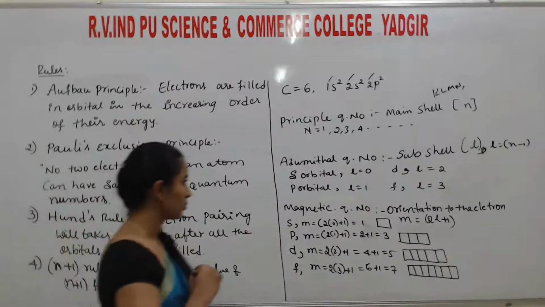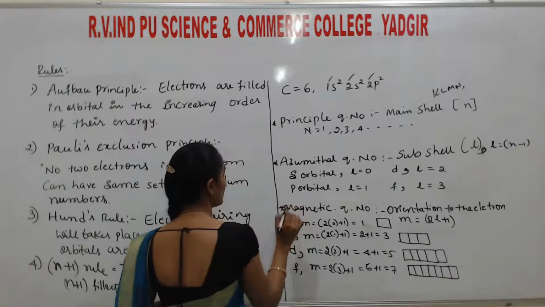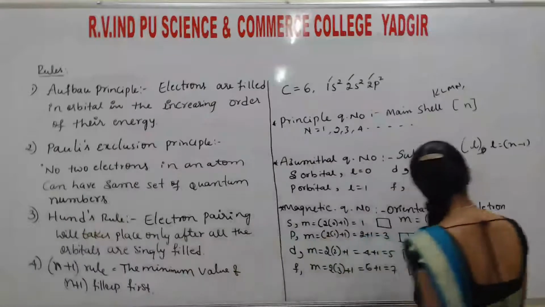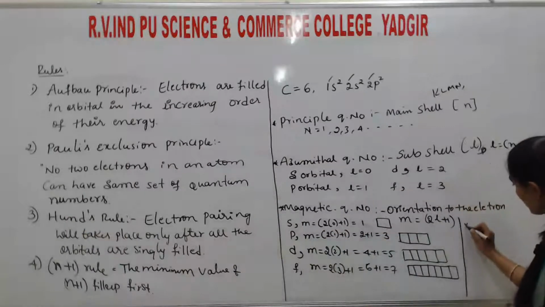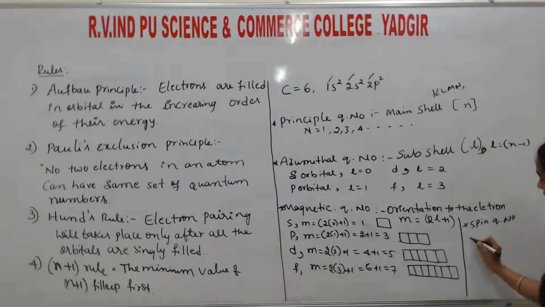The last one, students, is the spin quantum number. Spin quantum number is nothing but the spin of the electrons. They have a plus or minus spin.